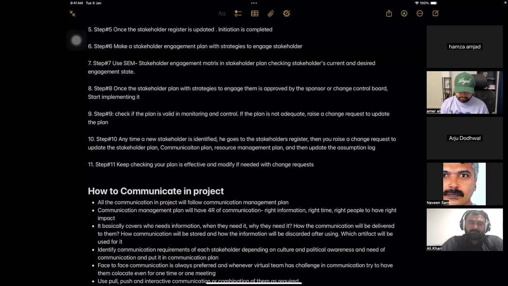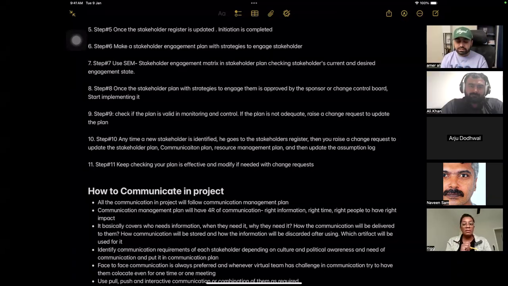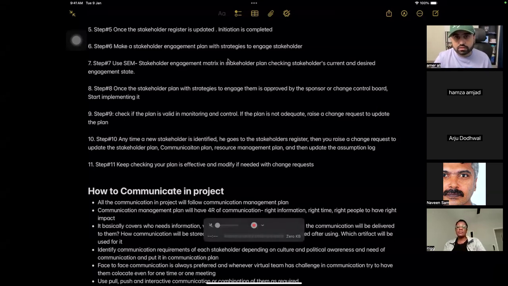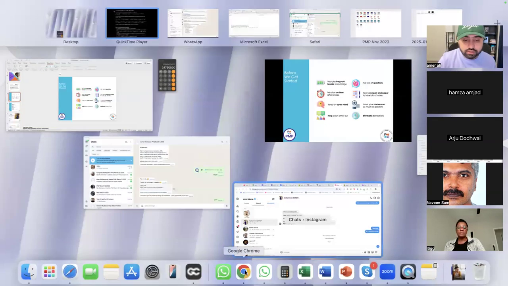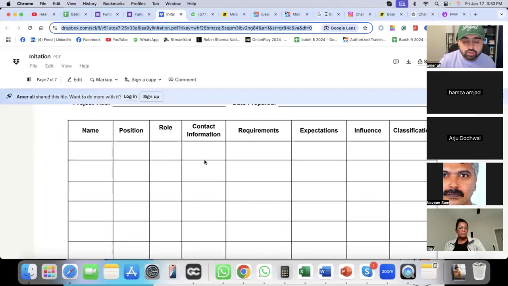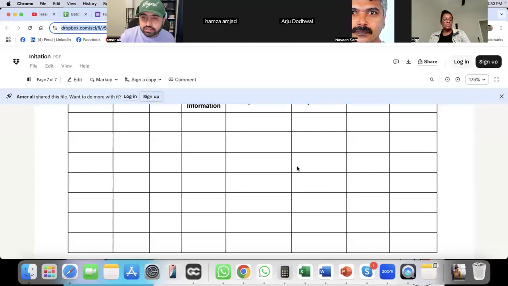Yes, Hamza. My question is, in the stakeholder engagement plan, the metrics that we are using, is it just to categorize between the five states of the stakeholder, or do we mention the strategies, for example you mentioned IRS?